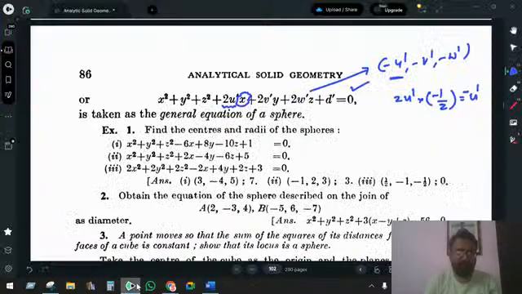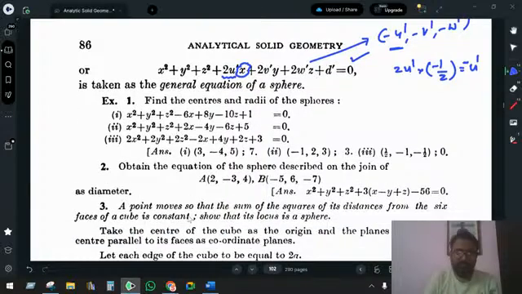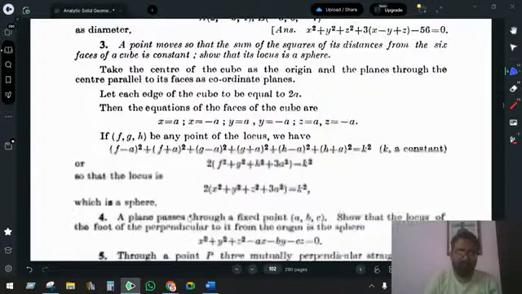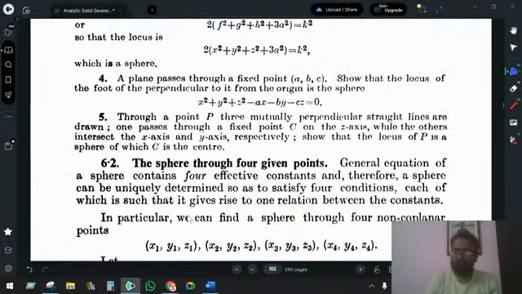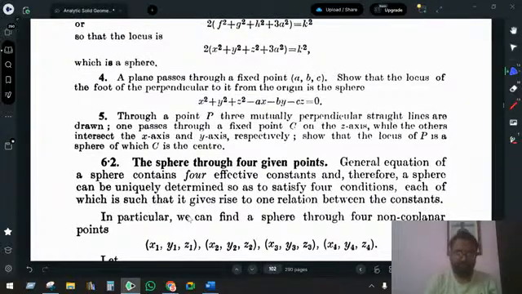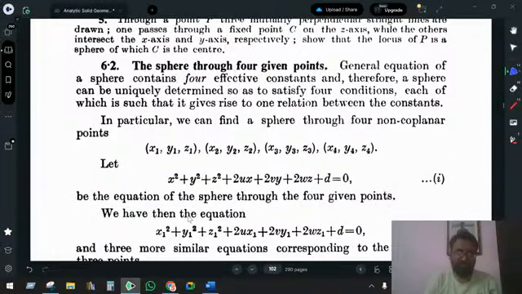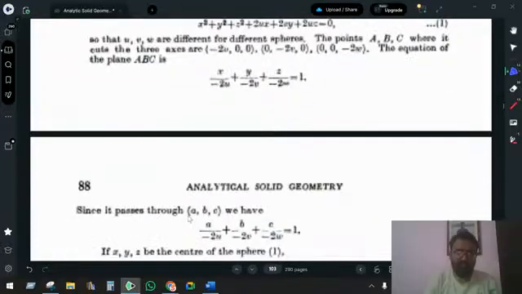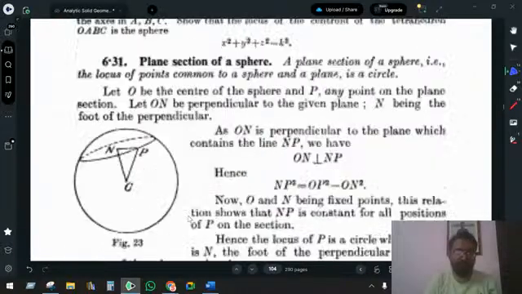Let's check what is further. It is second problem, third problem, fourth problem, fifth problem, and 6.2 is not in our topic. We have to go for the 6.3.1.